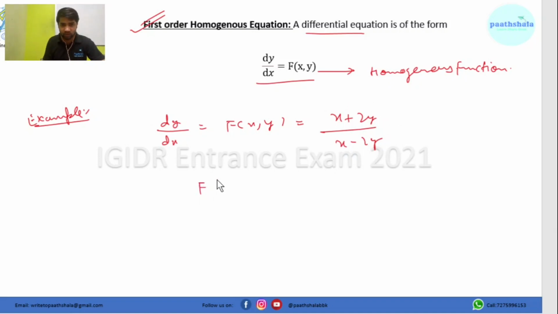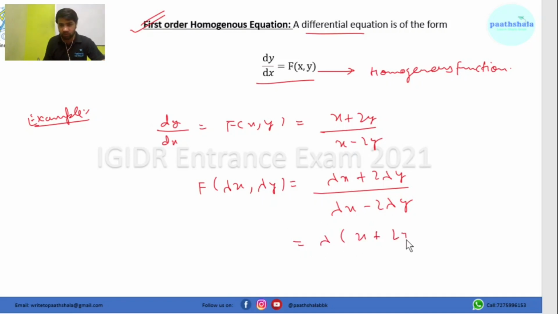So let's replace x by lambda x and y by lambda y. So this will come out to be (lambda x + 2 lambda y) upon (lambda x - 2 lambda y). We can take out lambda as common, so this will come out to (x + 2y) upon (x - 2y).